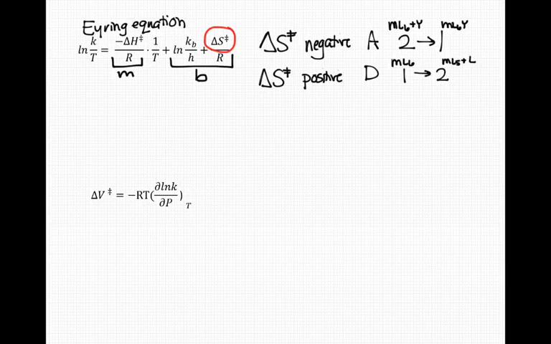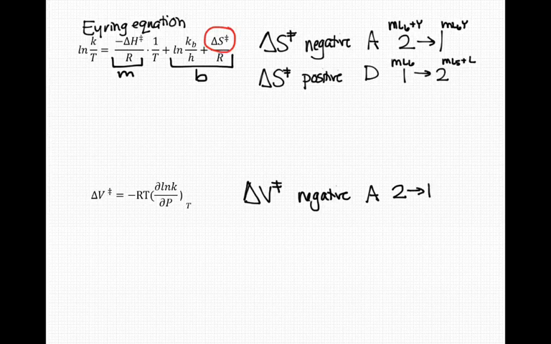And once again, the sign is what will help us work out the mechanism, or at least support a mechanism. If the volume of activation is negative, then that is going to support an associative mechanism, because two things became one thing.